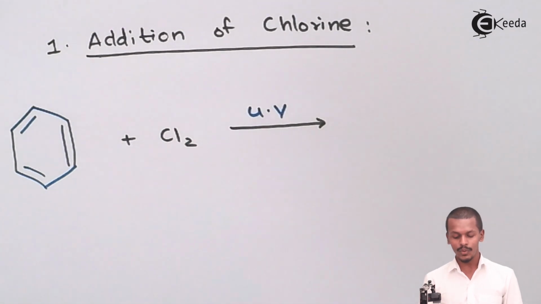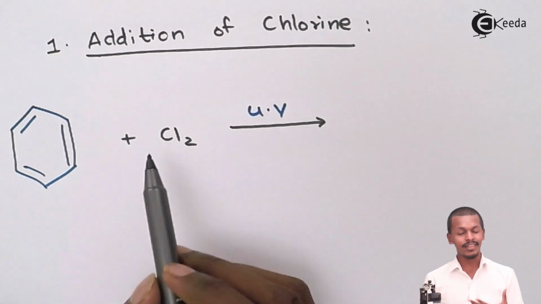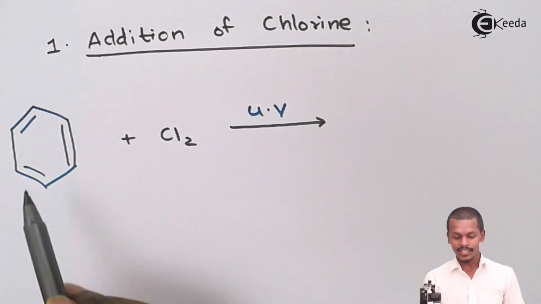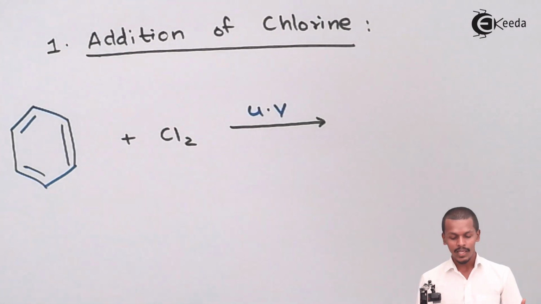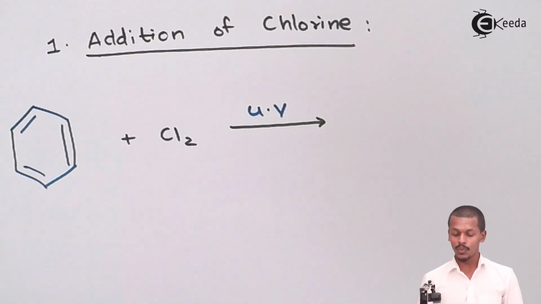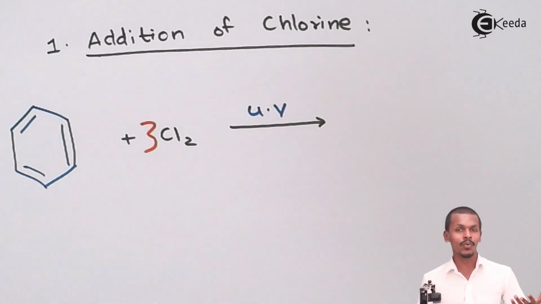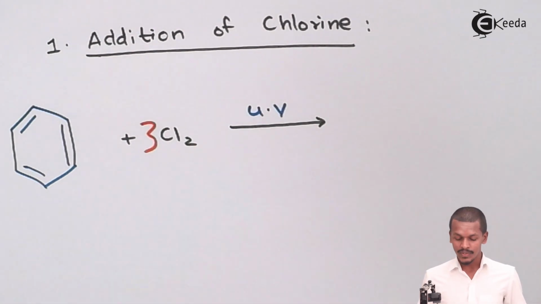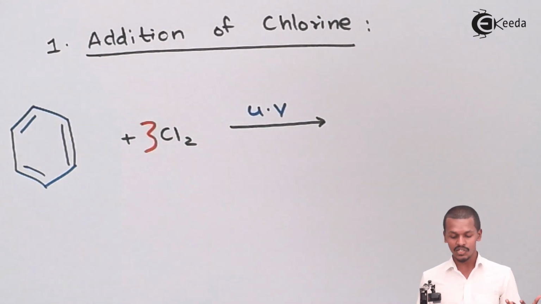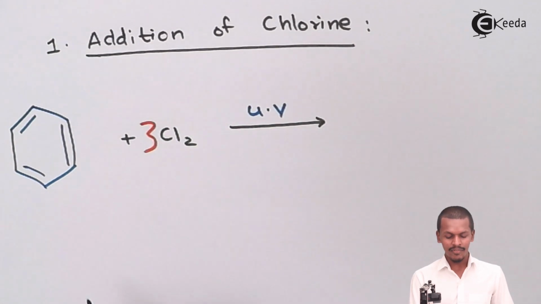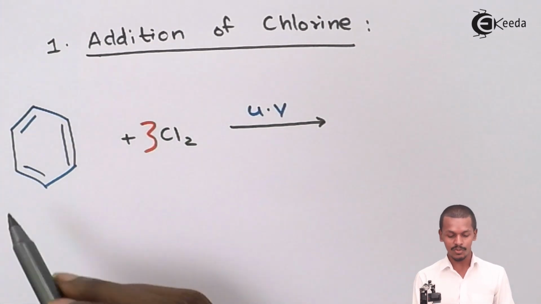Since I have included only one Cl2 molecule, only one bond would be broken into a carbon-carbon single bond, and the Cl atoms would be attached. But as I can see, there are 3 carbon-carbon double bonds, so we have to involve 3 moles of Cl2, that is 6 moles of Cl atoms. So the addition reaction takes place in such a manner that every carbon atom gets 1 chlorine atom, and every carbon atom also has a hydrogen atom attached.